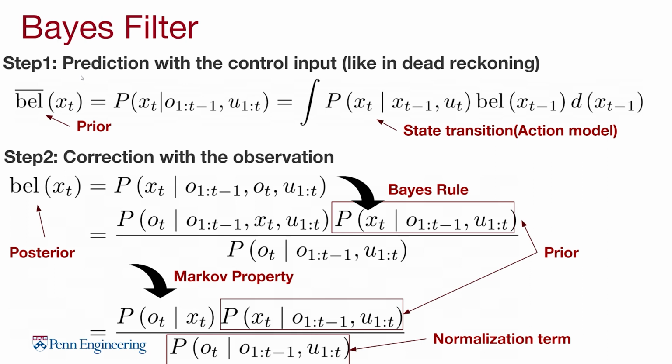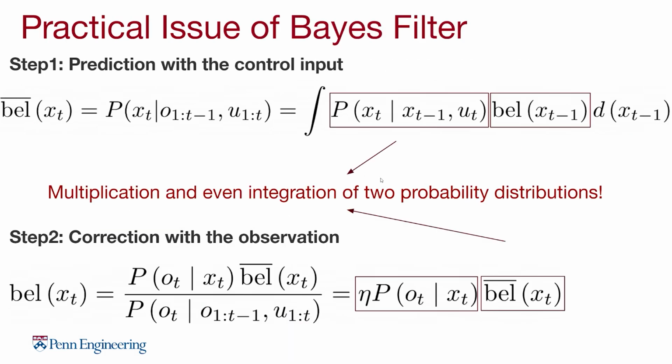So step 1 is the prediction. Step 2 is the correction. However, in practice, it is always difficult to use just this form of the Bayes filter.